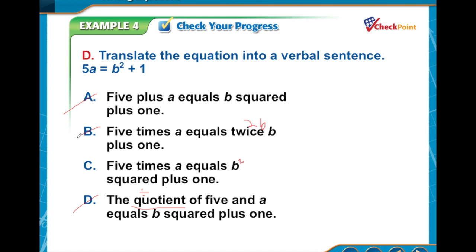So we know answer choice B is also wrong. They try to trick you and say, we're putting in a 2. Is that the right 2 though? No. Multiplying by 2 is very different from taking something to the second power. So we should have answer choice C for this example for D. 5 times A equals B squared plus 1. There we go.